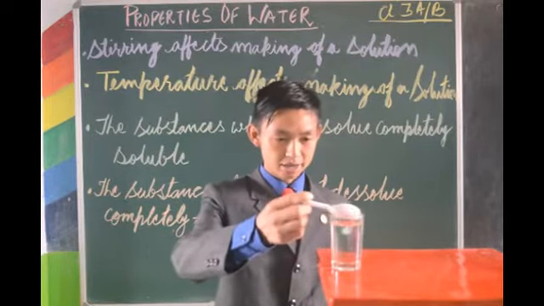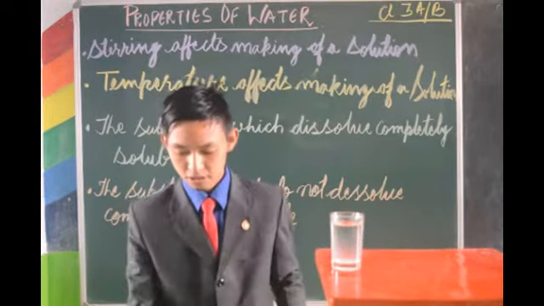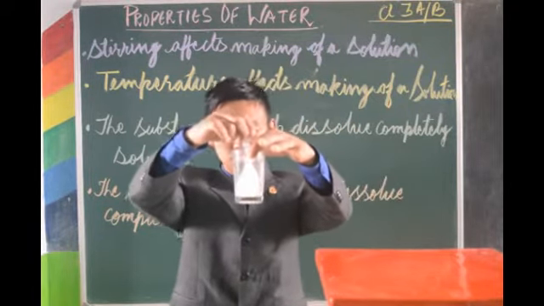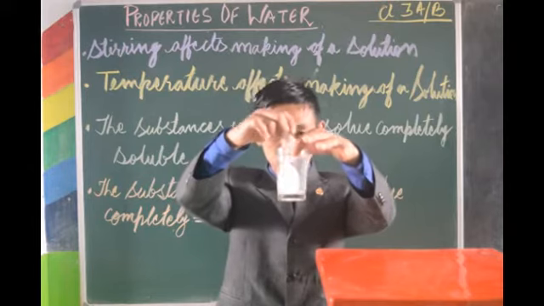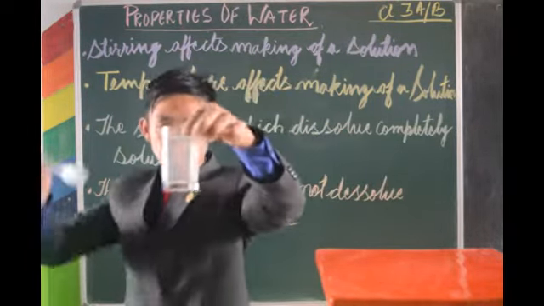I'm going to add the salt, and we should not stir it at first. It takes a lot of time to dissolve. But if we stir it, then what happens? Everything dissolves in water, and the salt is called the solute and the water is called the solvent. Now you can see that you don't see any salt.